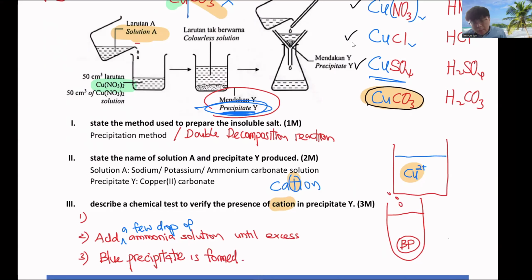The precipitate dissolves in excess ammonia solution to form dark blue solution.